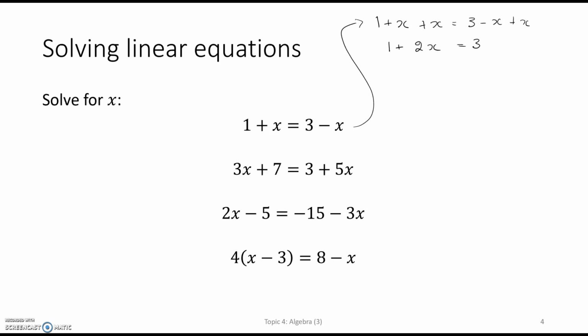I want my x terms on the left and my numbers on the right, so I'm going to take away 1 from each side. So now I've got 2x equals 2. I didn't want 2x, I only wanted x, so I'm going to divide each side by 2, which is 1. So x equals 1. And then go back and check.